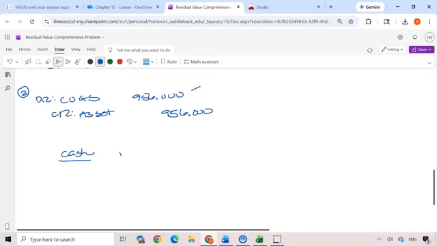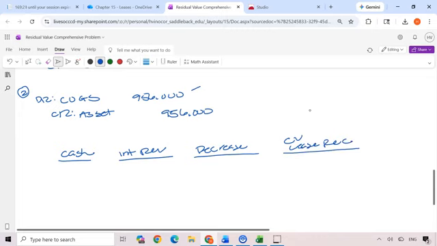I like to have the cash. I'm going to have interest revenue because I'm the lessor. I'm going to have my decrease in my account balance, and here's my carrying value of the lease receivable. So on 1/1/27, my lease receivable is recorded at $988,908.